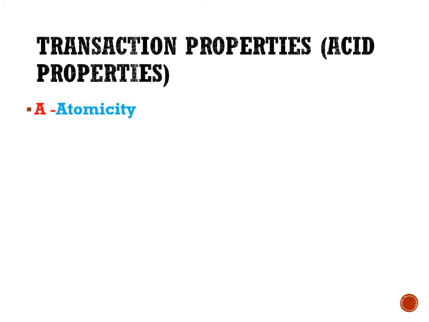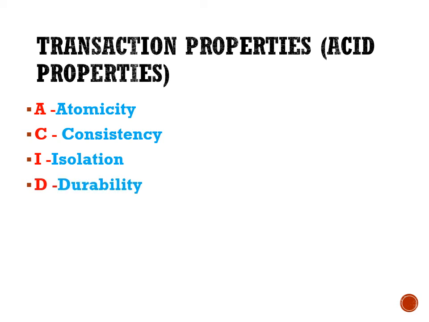The first one is atomicity, second is consistency, third is isolation, and the fourth one is durability, or we call it the ACID property. The ACID property is mainly used to avoid these issues, that is, the concurrency issue and the failure issues.